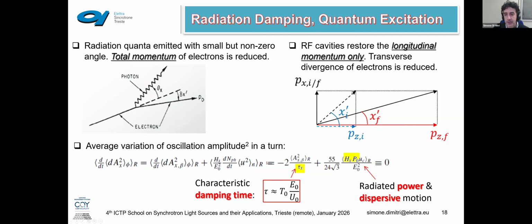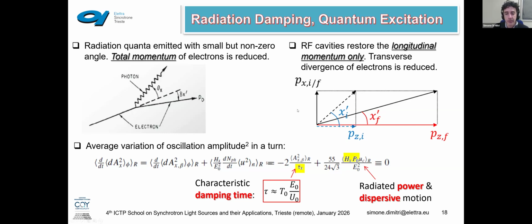This process is called radiation damping, as a consequence of the fact that because of radiation emission, we need to keep the particle energy constant, on average in a turn. So this reduction in divergence is contributing to a reduction of the emittance, in this case in the horizontal plane, which is, I recall here, a product of beam size and beam divergence.